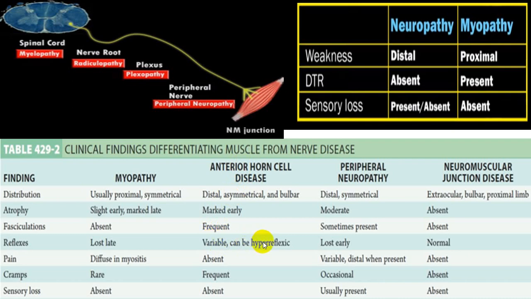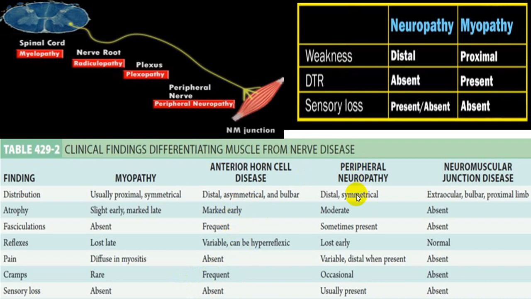Can be hyperreflexes, I don't agree. In an anterior horn cell, it will be along with corticospinal tract then only. Pain usually not affected. Cramps may be there. Sensory loss not present. Serum kinase occasionally, maybe because of atrophy, may be slightly elevated.